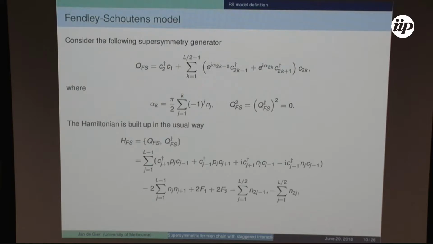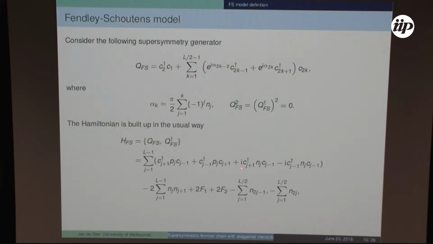As it turns out, this is again a SUSY charge. You can check that Q squared equals 0, and you can compute the Hamiltonian through this anti-commutator, and it looks like this. So there are these hopping terms along a side.